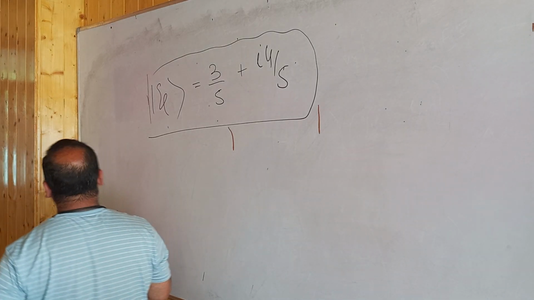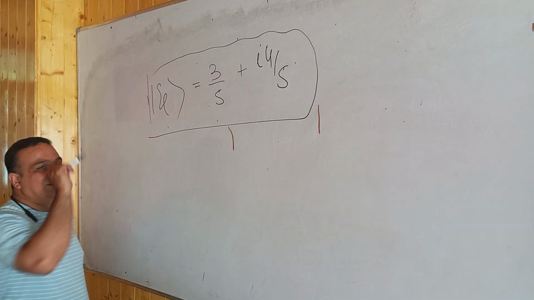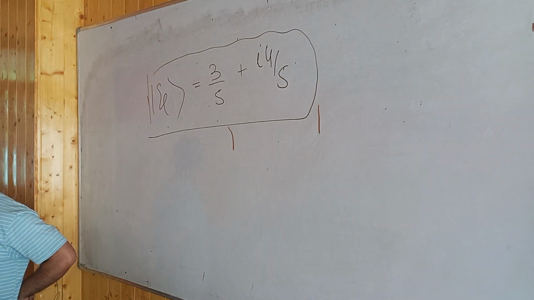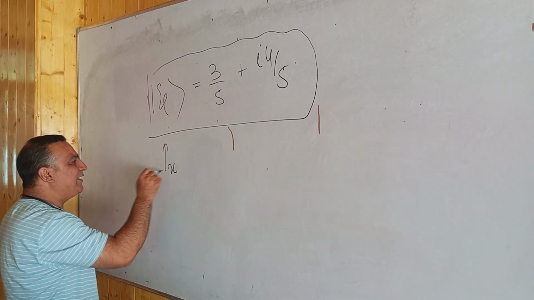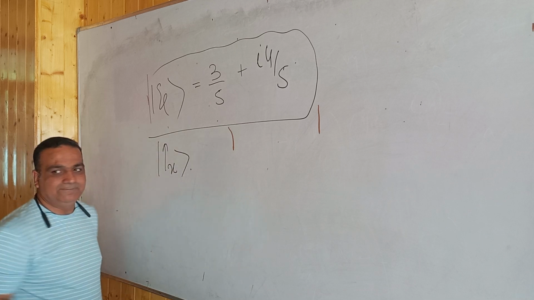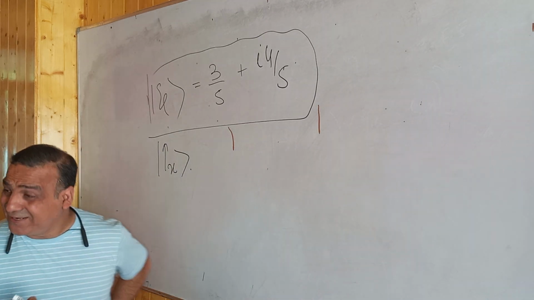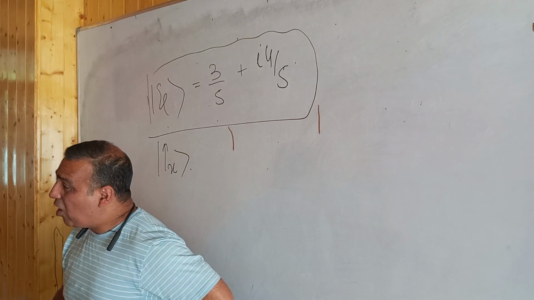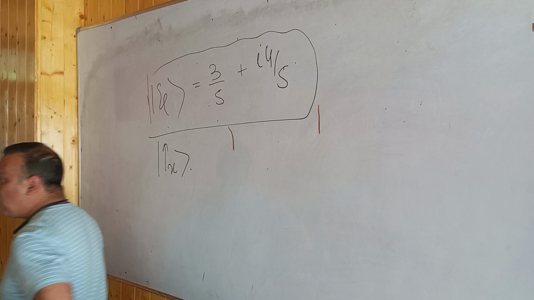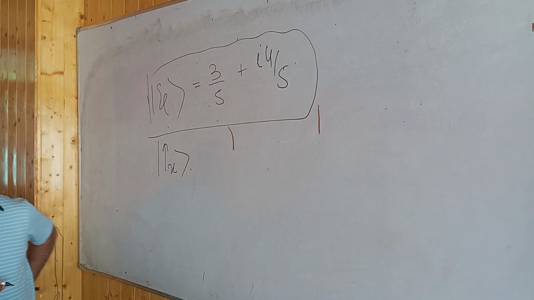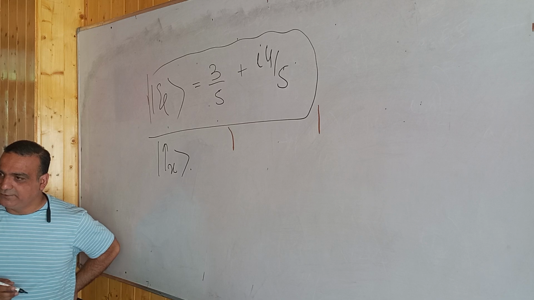So what I am trying to do is operate on this state by, say, spin up along x. My question is, what's the probability that the spin will be along up in the x direction? Okay? So, how do you calculate your probabilities?